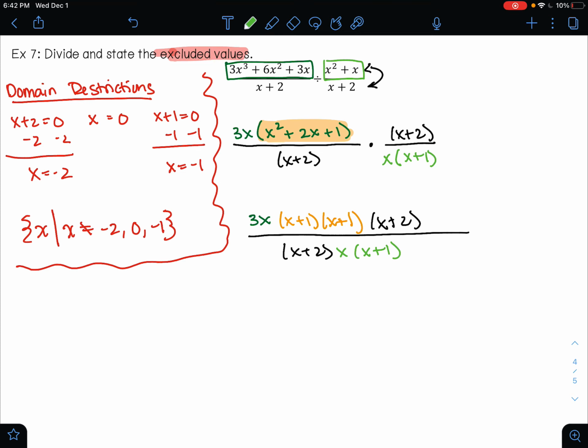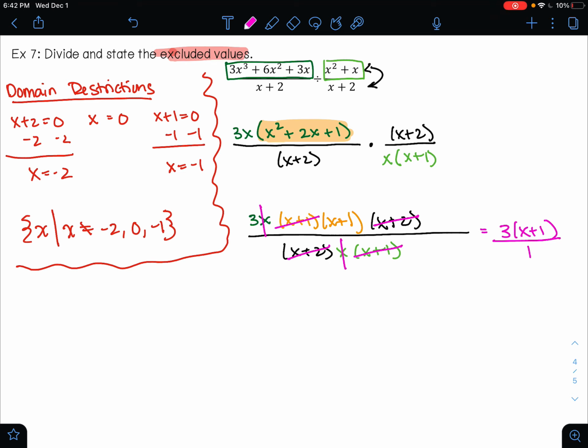Now let's look for common factors that can eliminate. So let's see. x plus 1 can eliminate with x plus 1. x plus 2 can eliminate with x plus 2. And x can eliminate with x. So all that's left in my numerator is 3 times x plus 1. And in my denominator, everything eliminated because they were equivalent to 1, so all that's left in my denominator is 1.